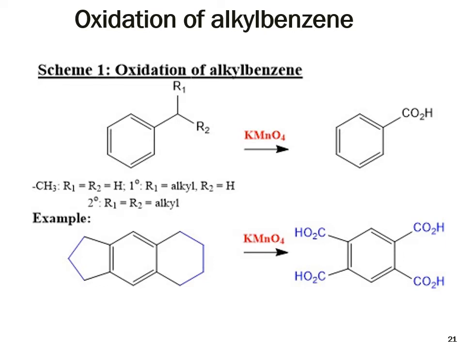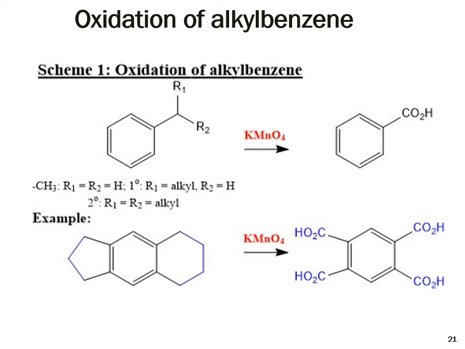So in all these cases, you will end up with the carboxylic acid if you have used the primary alkyl group, primary alkyl benzene. If you look at the secondary one, the example given at the bottom here, you can see that these bonds shown in blue will be cleaved, and you will end up with this sort of molecule where there are 4 carboxylic groups on the benzene ring.